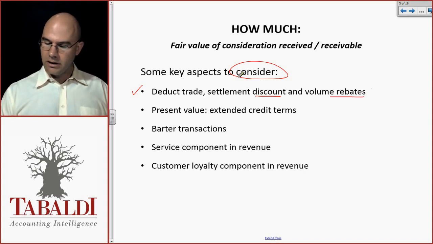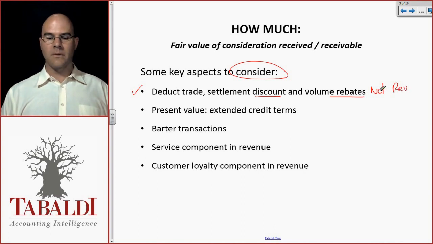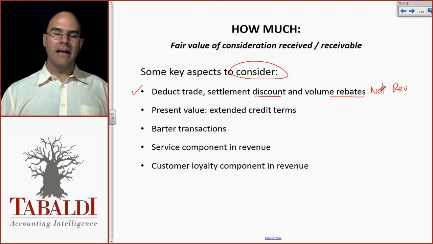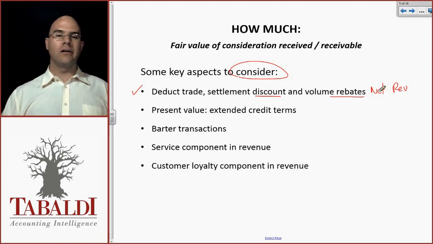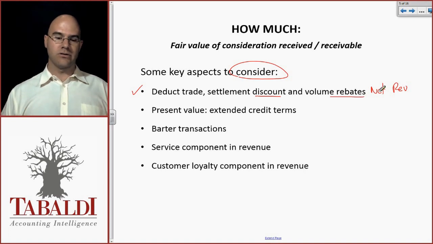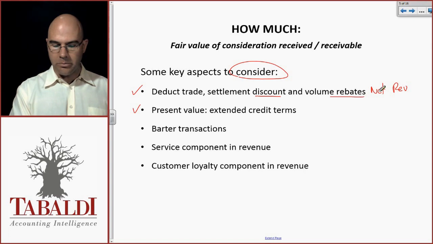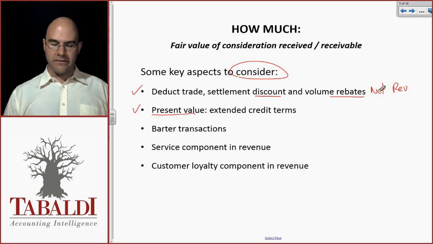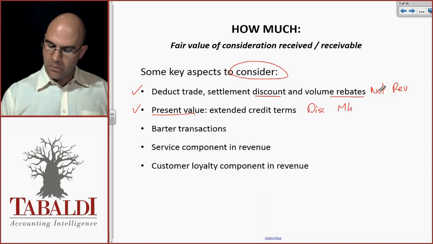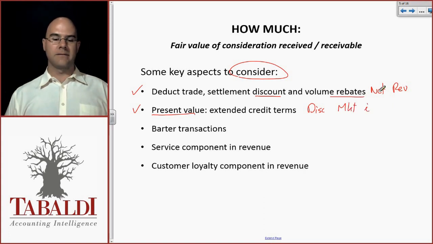It is shown net of revenue. Then, we must also look at what happens if payment terms are extended for no or less than market value interest rates. Well, then you'll have a time value of money issue, and you will need to calculate the present value, and you must discount always at the market interest rate pre-tax.